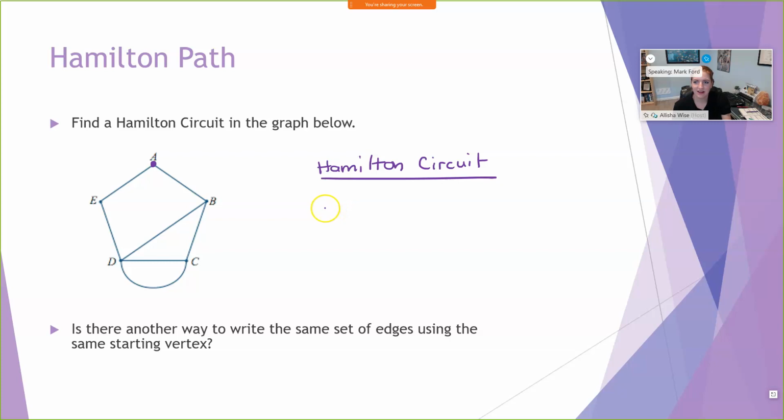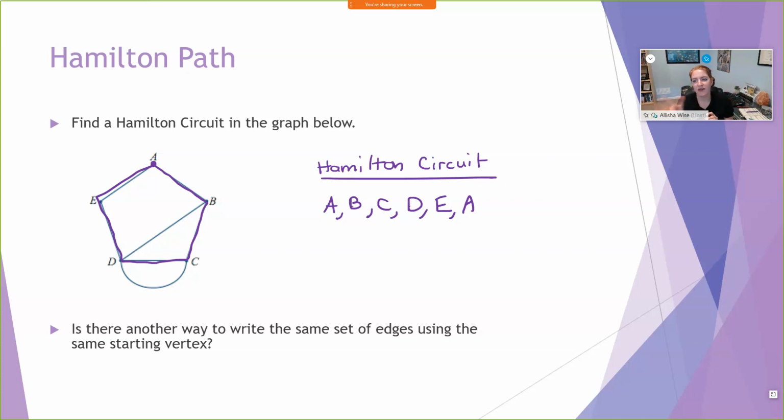You can just follow the letters around. So A, C, D, E, A. Yep, perfect. That works great. I'm happy with that. Keep it simple, right? I like to go alphabetically. So we can just follow the letters around. Boom, we've got a Hamilton circuit.